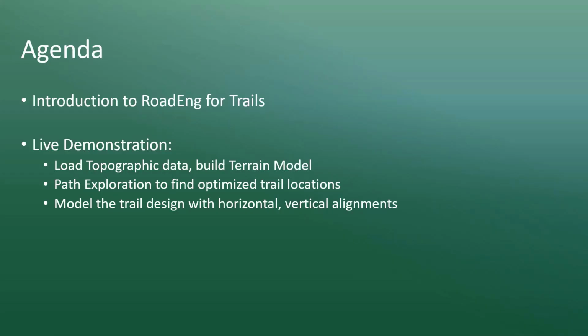So let's see our agenda for today. We will do a brief introduction to RoadEng for trails, and then Matt will show you in a live demonstration first how to import topographic data to build a 3D terrain model. Then he will use Path Explorer to find the optimal initial trail location considering max grade and other constraints.